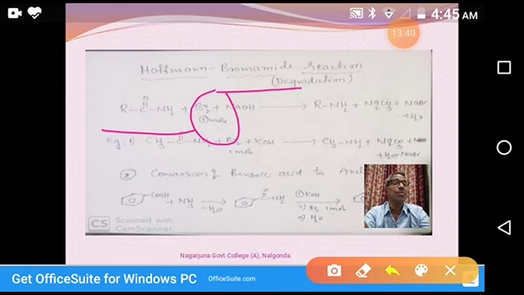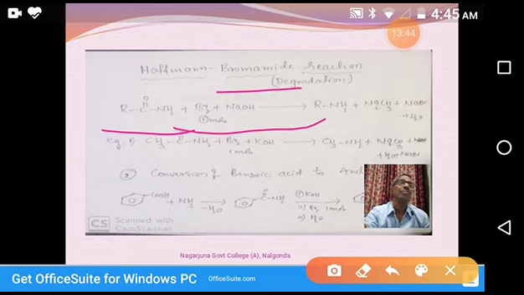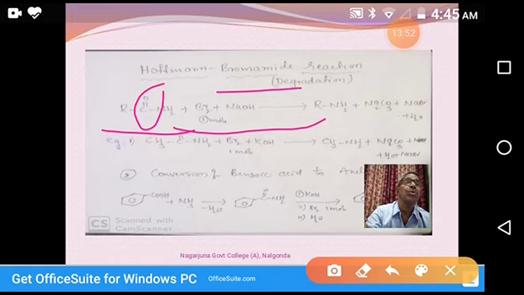Observe carefully, the amide is changing into an amine. What is happening here? One CO group is lost as CO2. This CO2 adds to NaOH, and we get Na2CO3. So this is the reaction. When amides react with bromine, especially 1 mole of bromine is required.